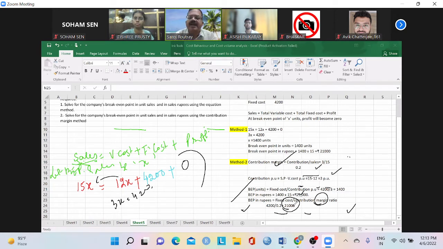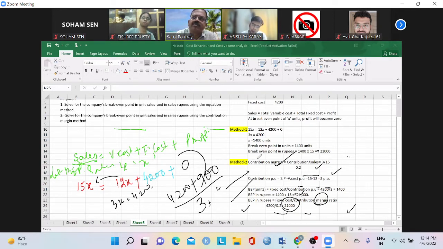Now if I would have profit, I said 4,200 is my fixed cost. If I want to have a profit of 900, I will add 900. Then divide by the contribution per unit or contribution margin ratio. If I take unit, then I will get number of units. If I take contribution margin ratio, then I will get total sales value. So 4,200 plus 900 divided by 3.